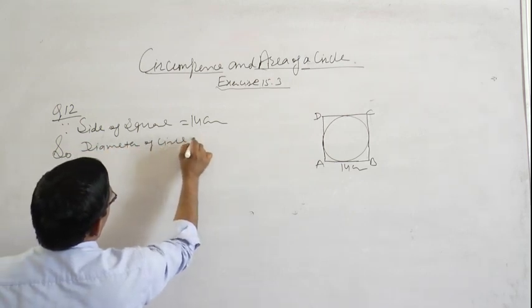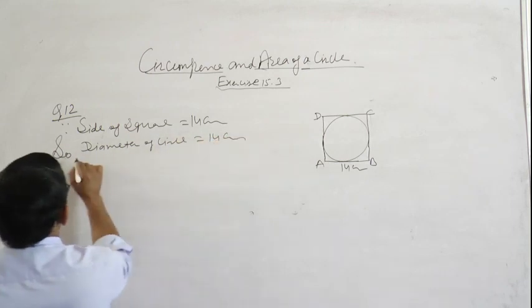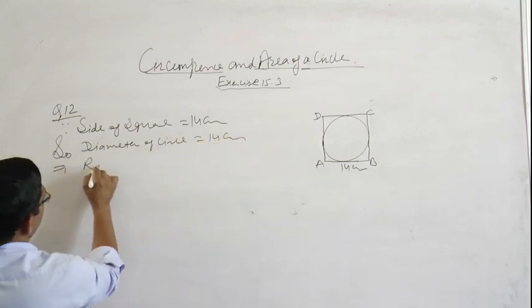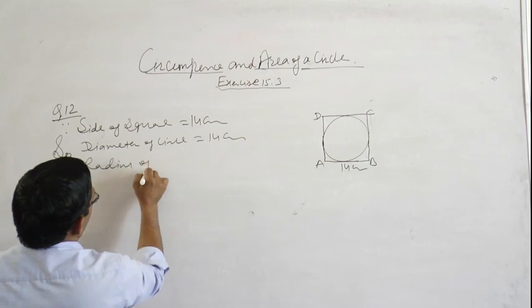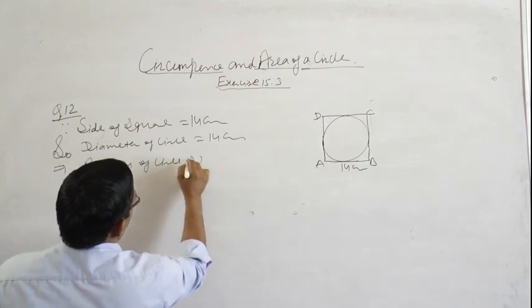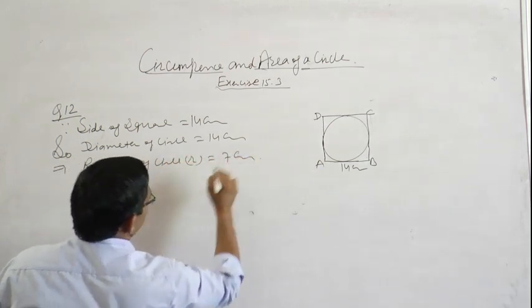So diameter of circle is also 14 centimeter, that is radius of circle is 7 centimeter.